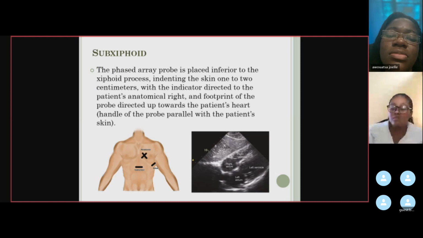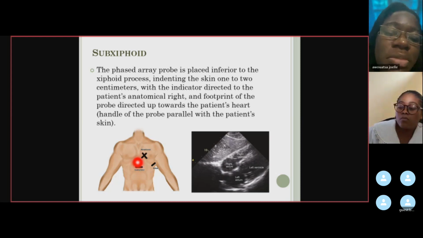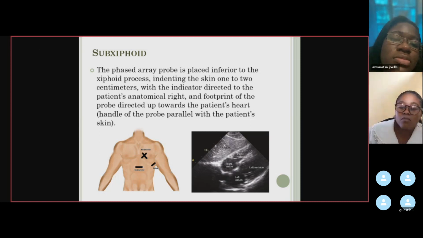First is the subxiphoid view. Xiphoid, you know, is the end part of the sternum. So here placement of the transducer will be at this location. We keep the phased array probe at the inferior part of the xiphoid process, indenting the skin 1 to 2 centimeters, and the indicator of the probe should be directed to the patient's anatomical right side.